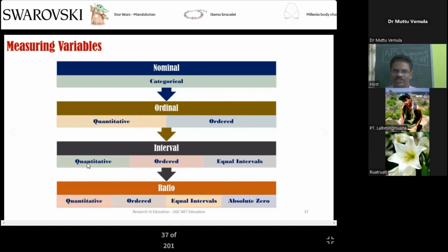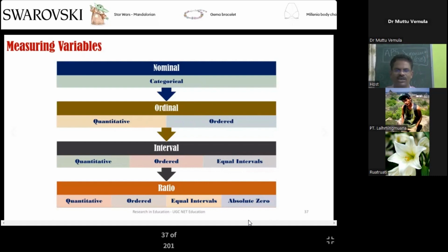Along with the quantitative order, if I have equal intervals, IQ 20 to 70, 70 to 90, 90 to 110, 110 to 130, these kinds of intervals are also there, then it is called an interval scale. And then finally, absolute zero is also possible.